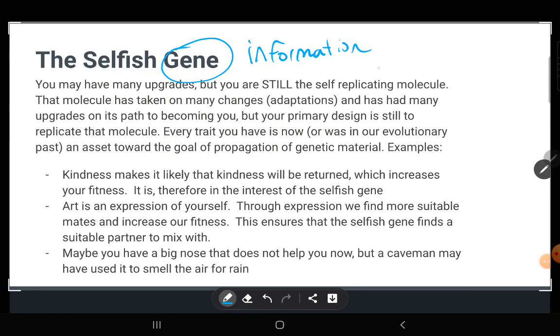And so, the selfish gene simply states that ever since that original self-replicating molecule existed, by its very nature, it existed with imperfect replication that led to adaptation. So adaptations have accumulated and accumulated and accumulated due to the imperfect way that the molecule replicates.